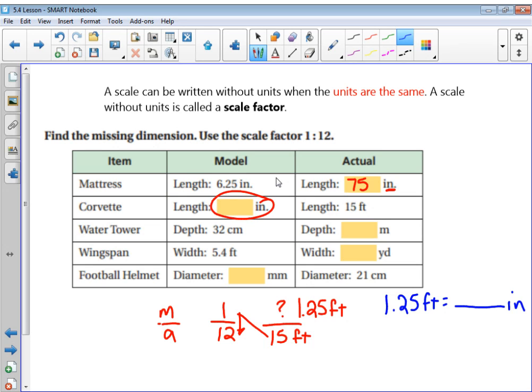Hopefully you remember the conversion since it is US: 1 foot is the same as 12 inches. Now I'll cross multiply and divide, so I'm going to end up taking 1.25 times 12. Some of you might know to just go ahead and multiply by 12, and that's okay. So here I ended up with 15 inches. So the Corvette model was 15 inches, and the actual length was 15 feet.